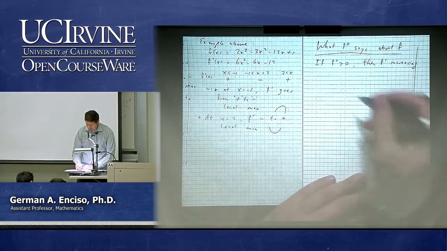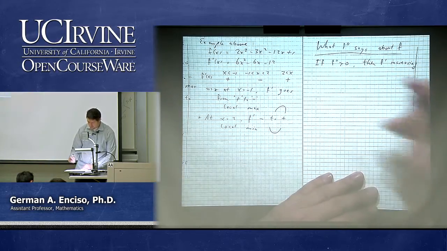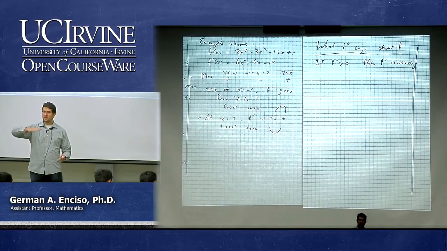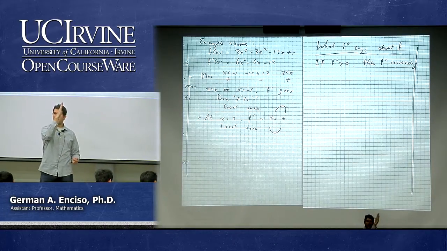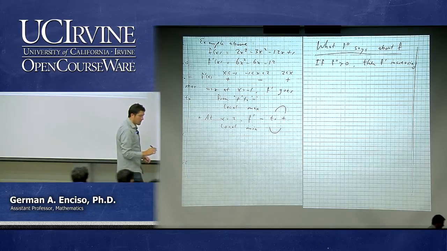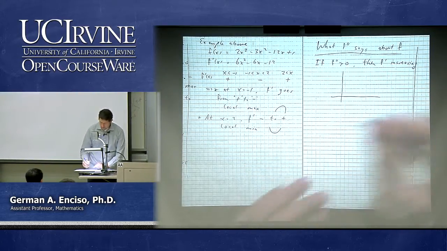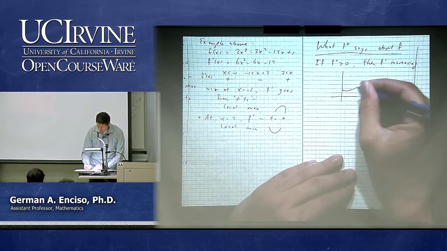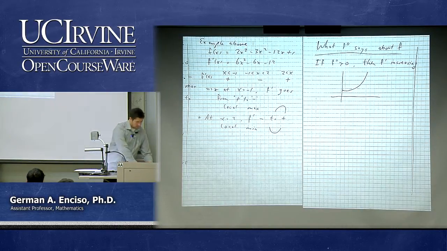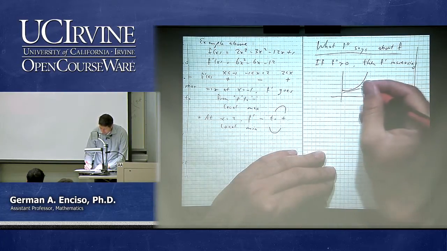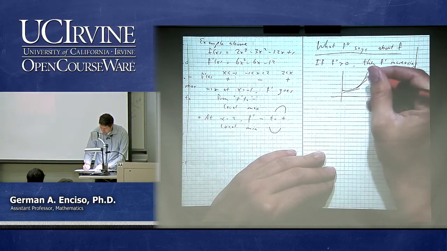Okay, so if f prime is increasing, that means that the slope of f has to be increasing. For example, if it starts here, then it has to be here, then here, then here, right? So what do I know about f? Well, I know that the slope must be increasing. So for example, if the slope was 0 here, it has to be 1 a little bit later, or 2 or something like that.